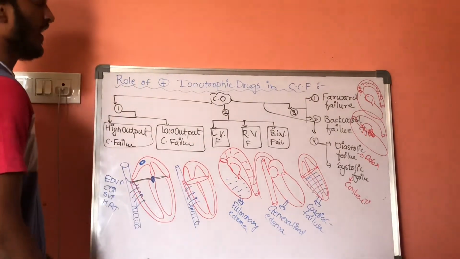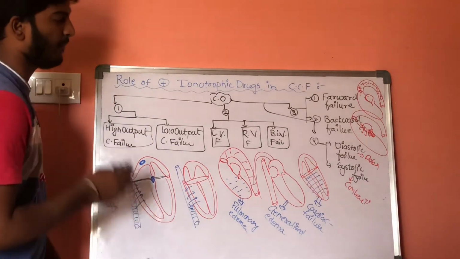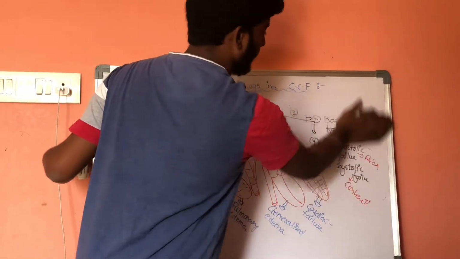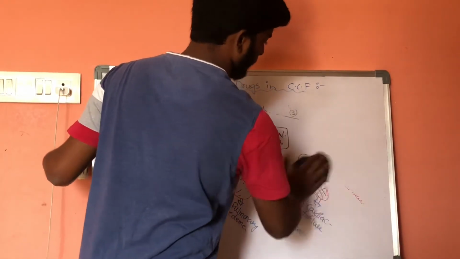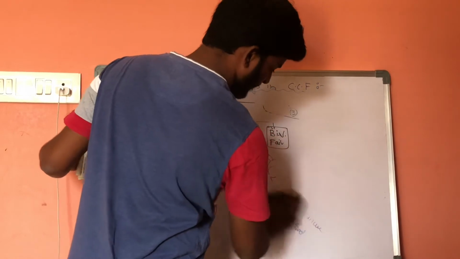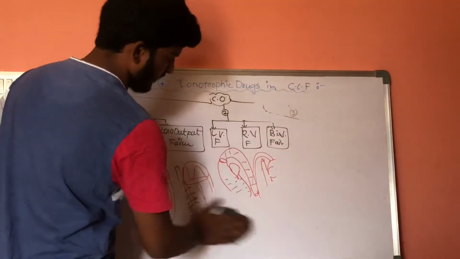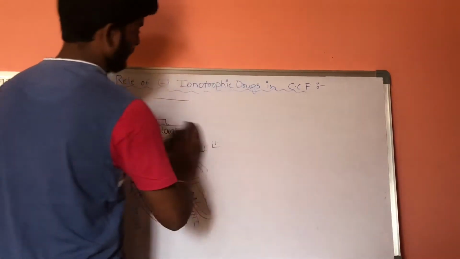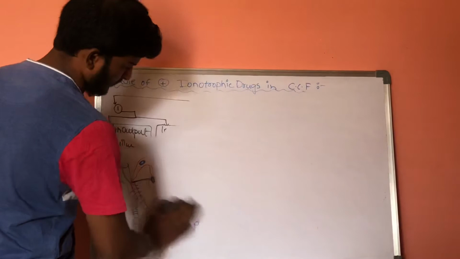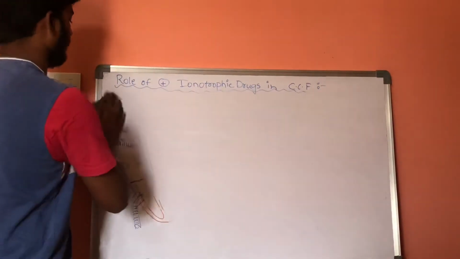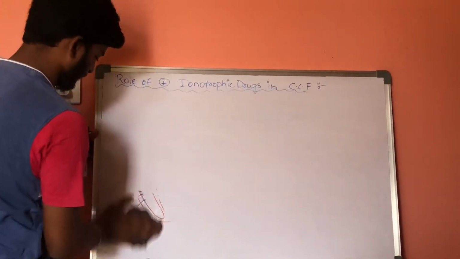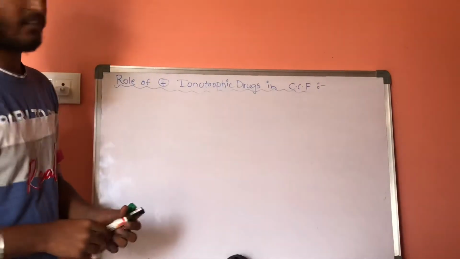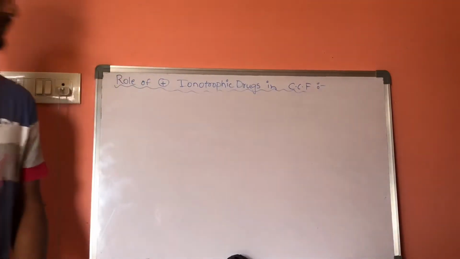Now, there are three main classes of positive inotropic drugs. What are the three classes of positive inotropic drugs?